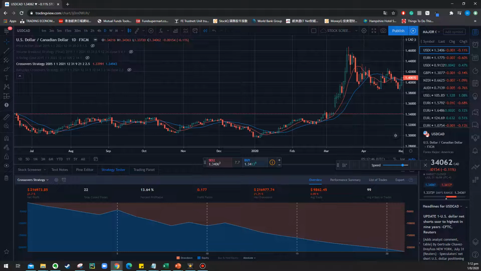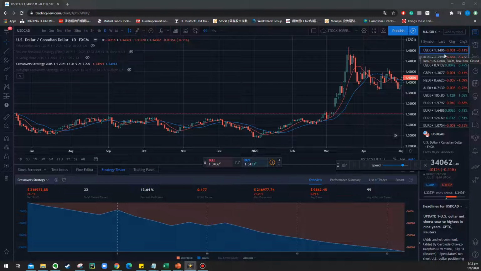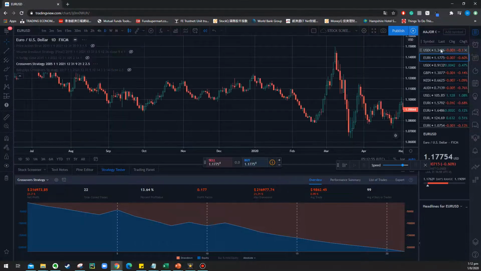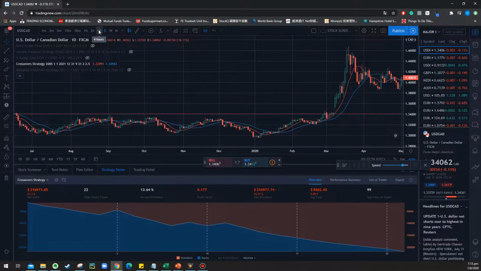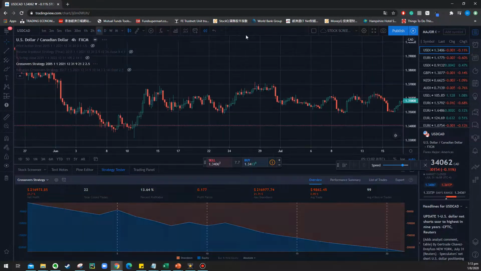We first start off by reviewing the performance of the strategy on the 18 major currency pairs. Change our time frame to H4 and we're ready to go.